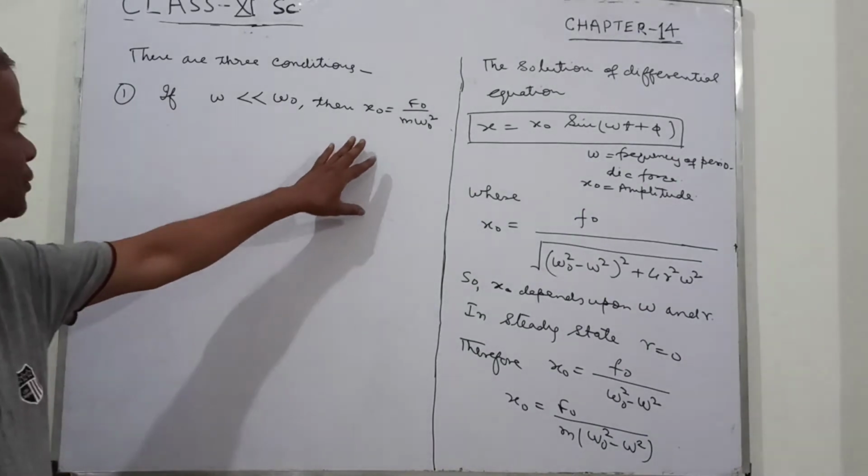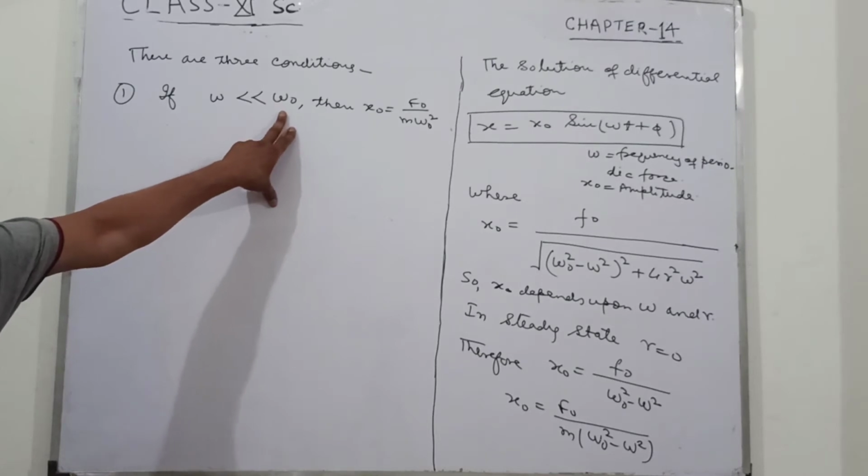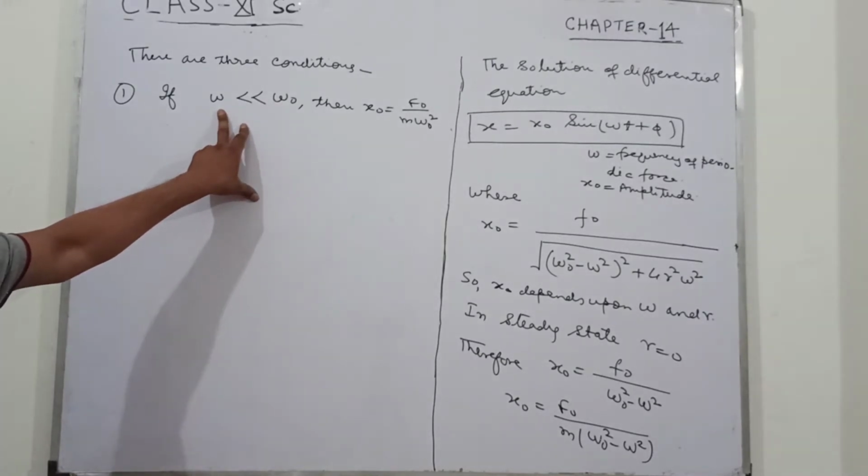So this is the amplitude when the natural frequency is very high in comparison to the frequency of the periodic force.